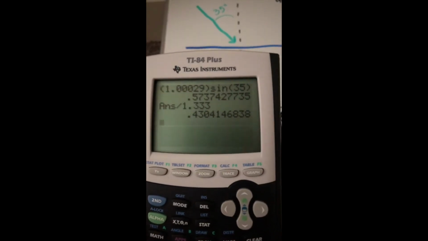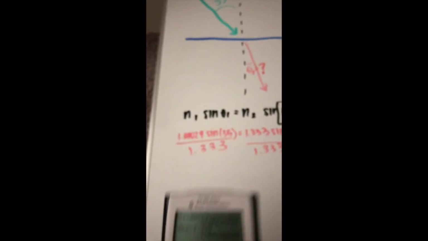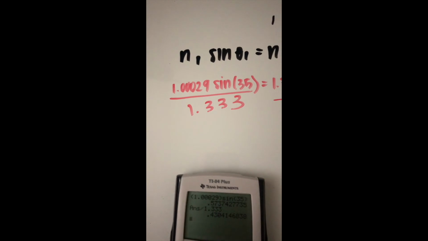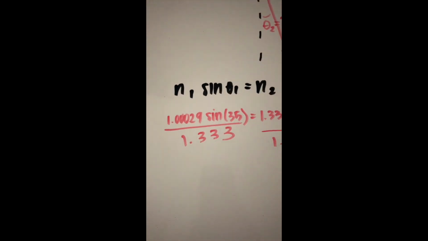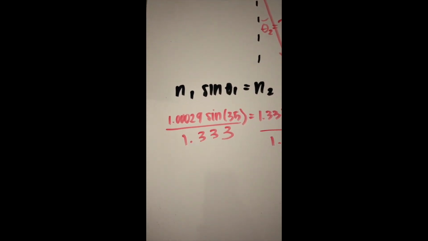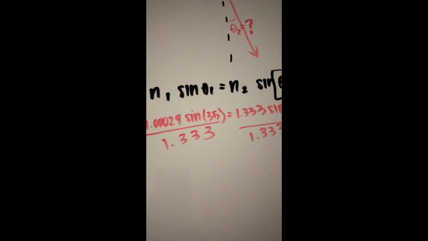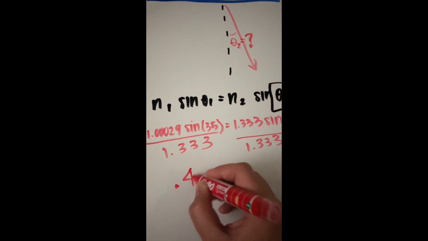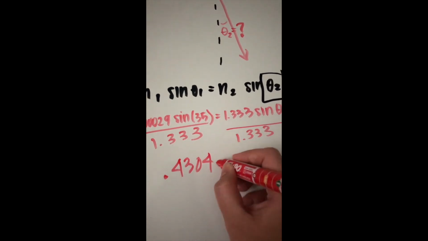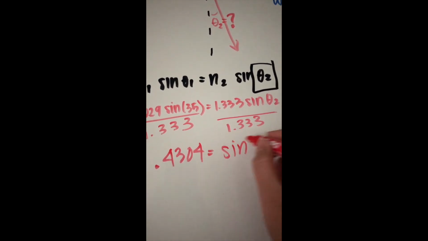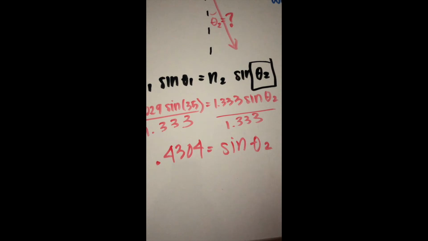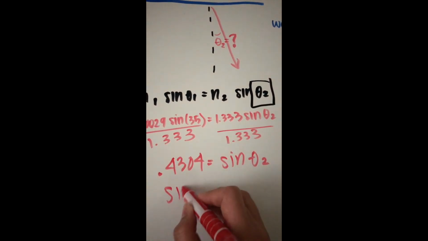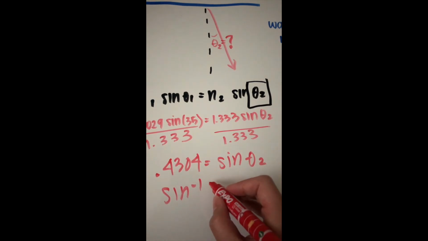So using my calculator, I was able to calculate this side, and I got 0.4304. So we are going to use that and put that on this side. So 0.4304 is equal to sine theta 2. And in order to isolate theta 2, we are going to take the inverse sine of both sides.